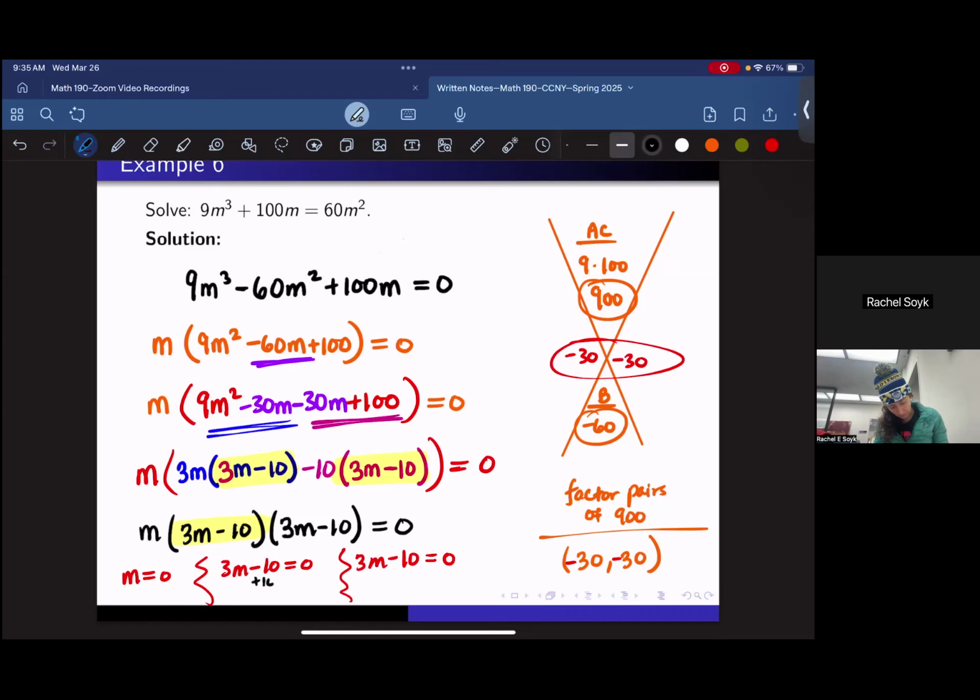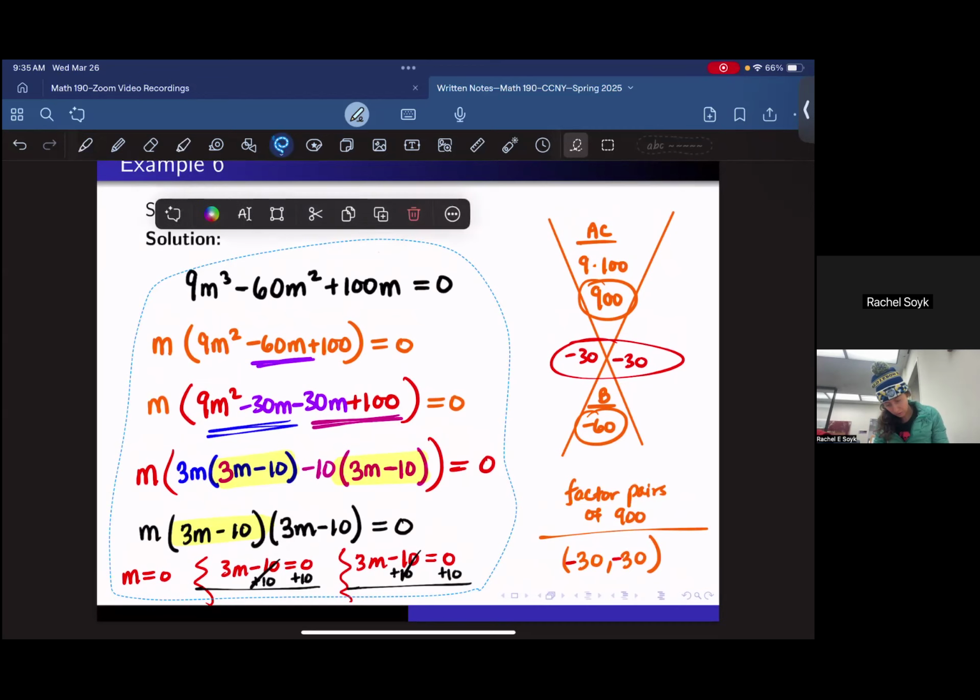Let's go ahead and add 10 to both sides. And then we'll subtract or divide both sides by 3. I'm running out of space here, so let me see if I could shrink my work.